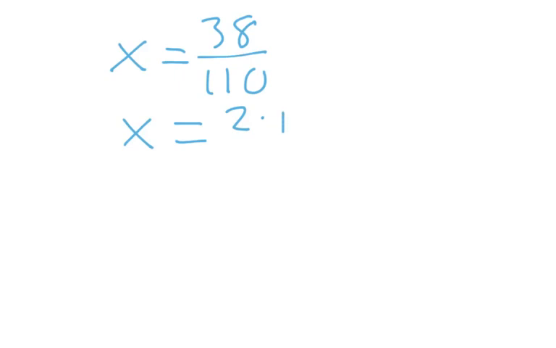x is equal to 38 over 110. But because both of those numbers are even, you can see they should both be divisible by 2. In fact, 38 is 2 times 19, and 110 is 2 times 55. The 2s divide out. 19 is prime, so there's no way this is going to simplify any farther. We get 19 over 55.